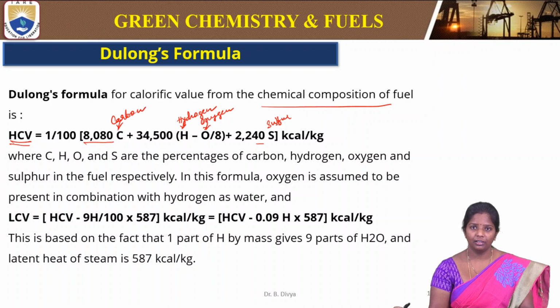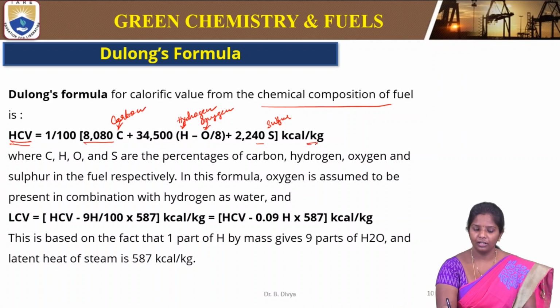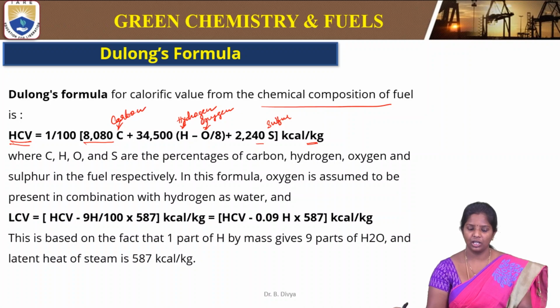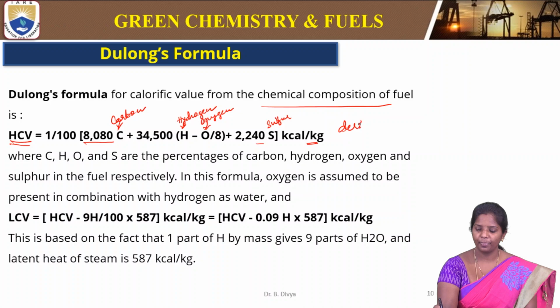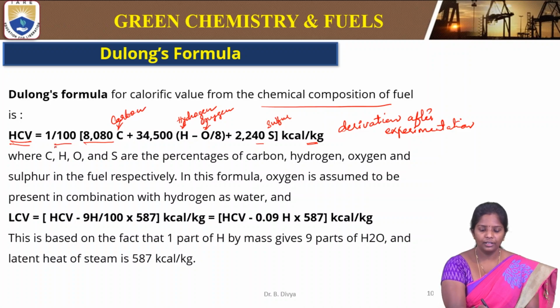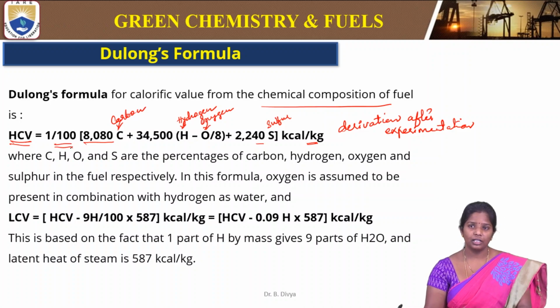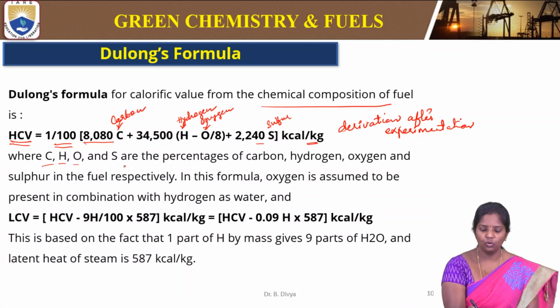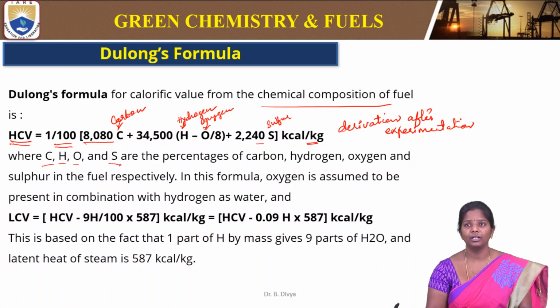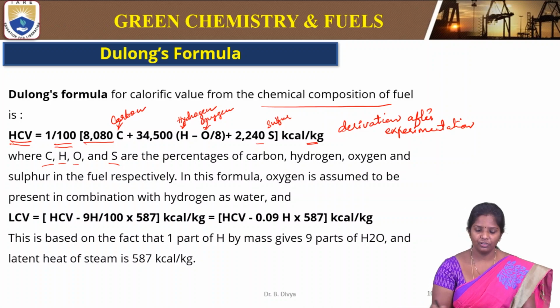That gives the result in kilocalories per kg. This is a derivation that we obtained after experimentation on fuels. The 100 is there because we are taking percentages, which is why we divide by 100, whereas C, H, O and S are the percentages of carbon, hydrogen, oxygen and sulfur in the fuel.